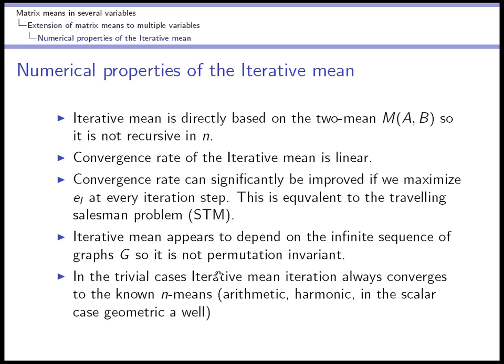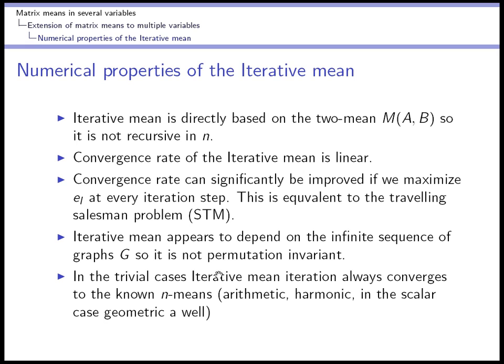For instance, the Ando-Li-Mathias mean, as we will see later, is based on the (n-1)-variable mean to construct the n-variable one. Therefore, it is computationally problematic, because the n-variable mean is defined from the (n-1)-variable one by a similar iterative, limiting procedure.